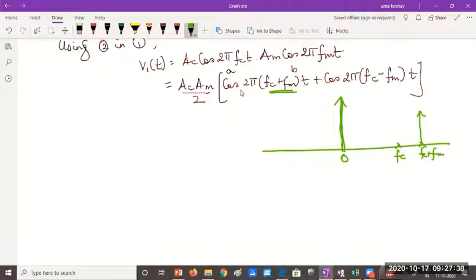Remember, corresponding to cosine, it is always two impulses, delta F minus Fc plus Fm plus delta F plus Fc plus Fm, right? This is how we have two impulses.